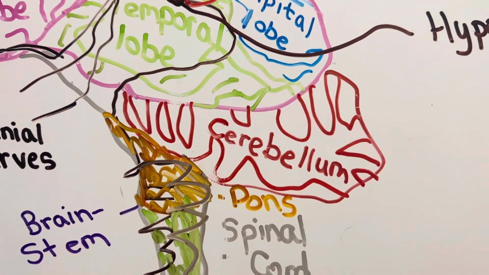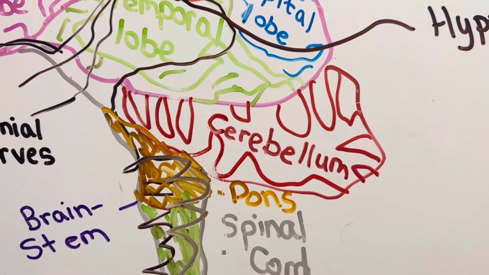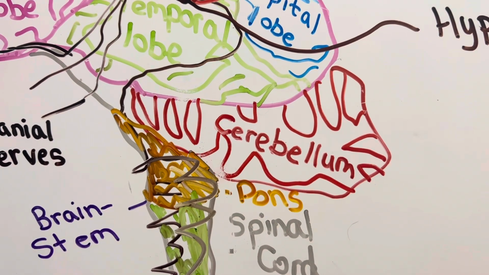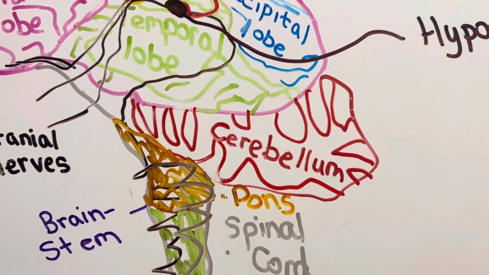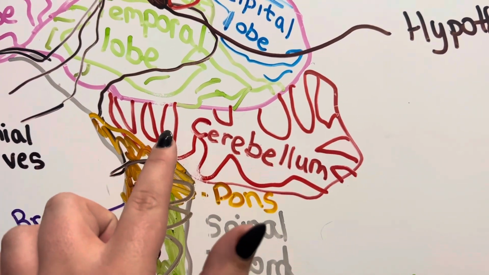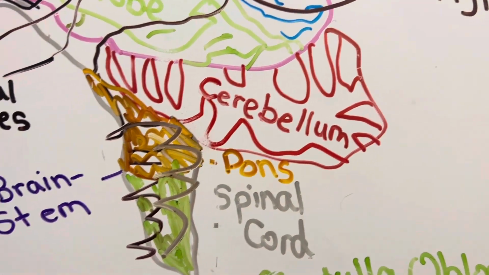That is lower in the brain and plays a key role in motor control, coordination, and spatial navigation. For example, finding our way out of a maze would be part of the cerebellum in the brain.